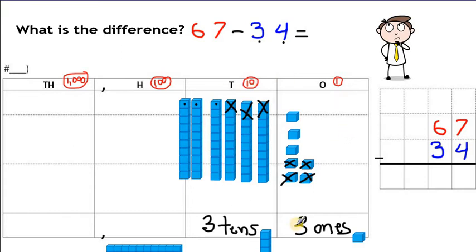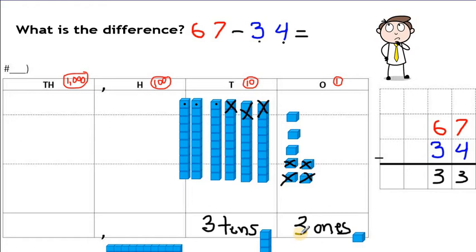So I can do it with base 10 blocks, I can do it with symbols, I can do it with numbers. 7 minus 4 is 3 in the ones place. And 6 tens minus 3 tens is 3 tens. 33.